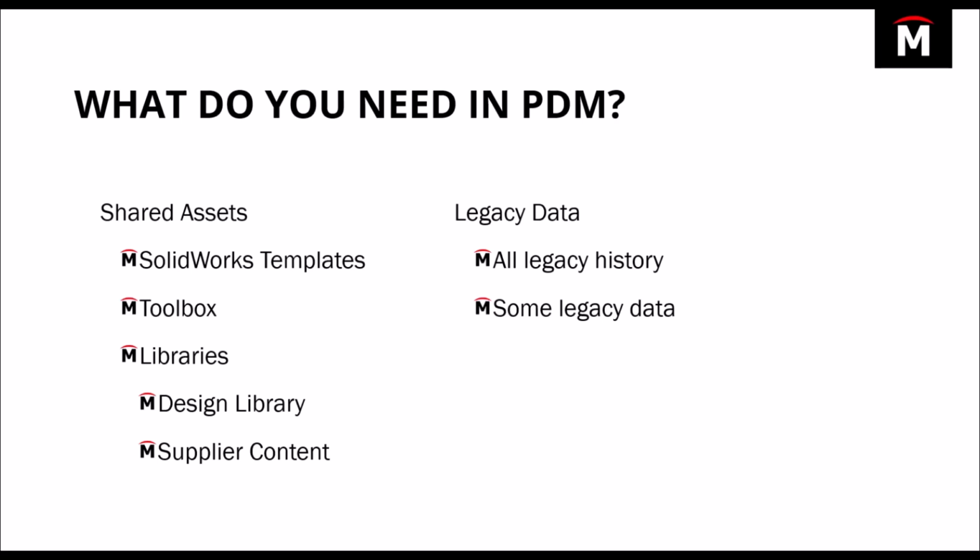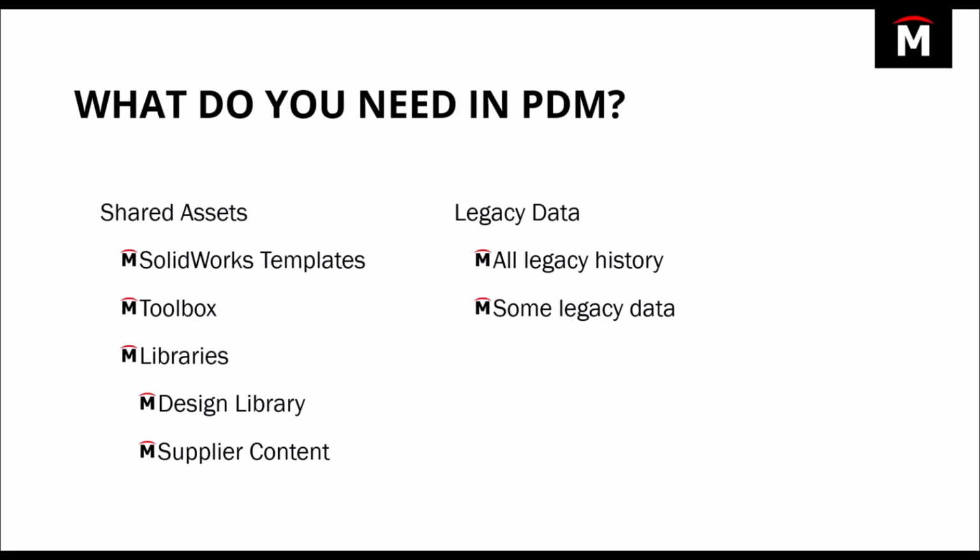So I've seen customers where they need everything. All legacy data, all versions, all files. So there needs to be some kind of mass migration or bulk migration, as we call it. I've seen other customers that want some of the legacy data, maybe like the past couple of years, but not all of it. There might be some data in there that they don't necessarily need.